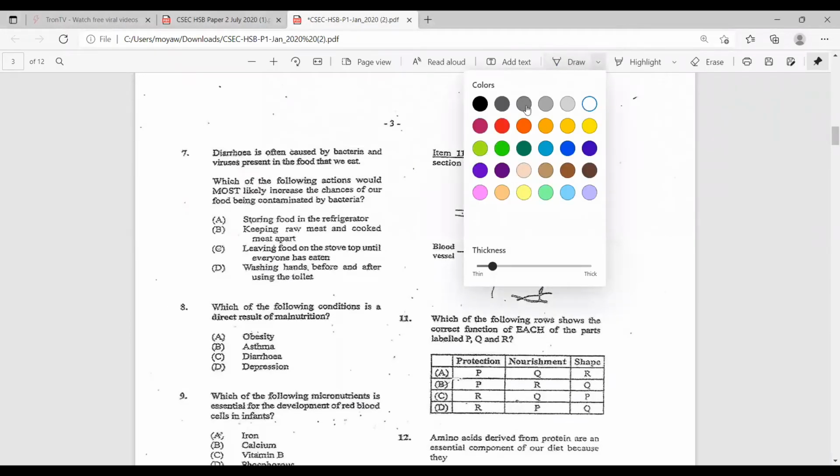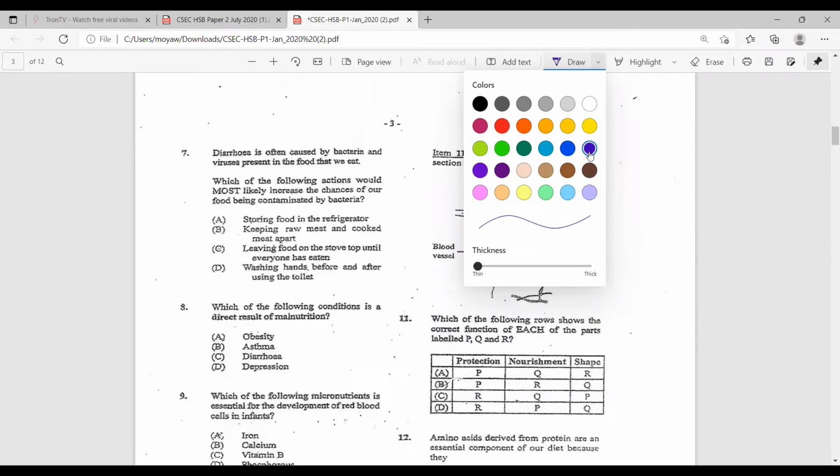Question 7. Diarrhea is often caused by bacteria and viruses present in the food that we eat. Which of the following actions would most likely increase the chances of our food being contaminated by bacteria? A, storing food in the refrigerator.